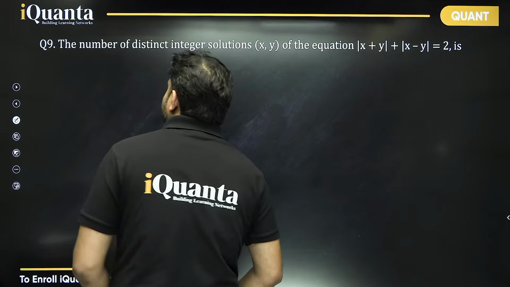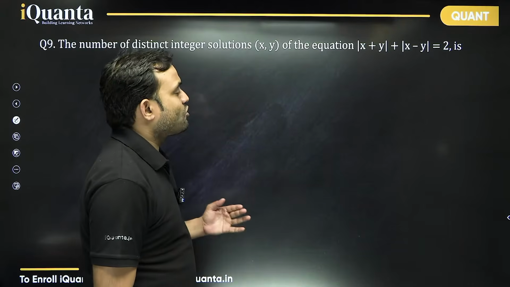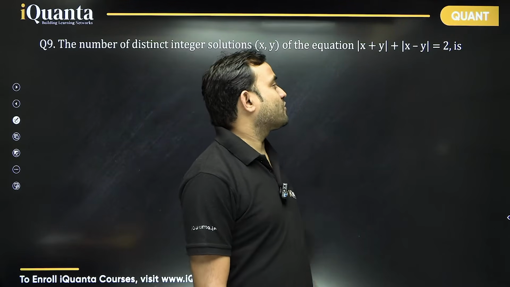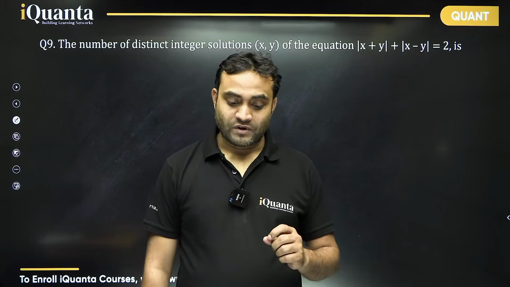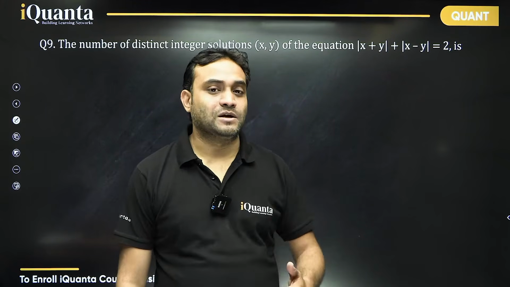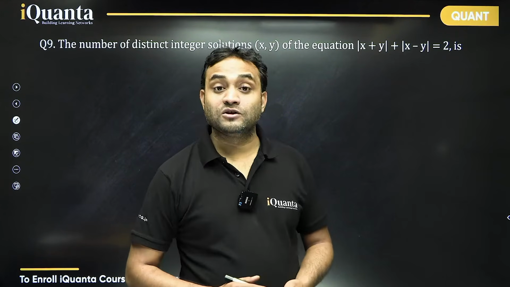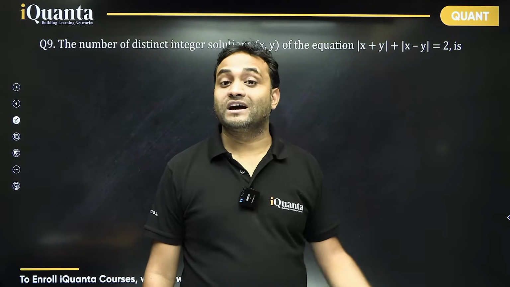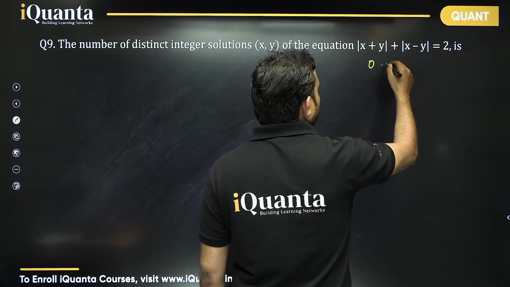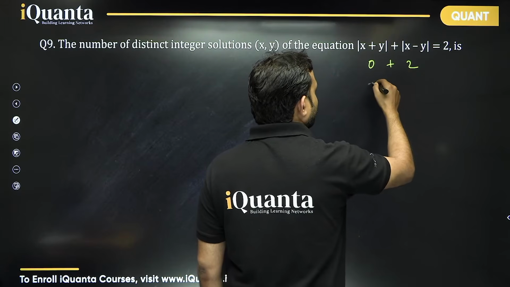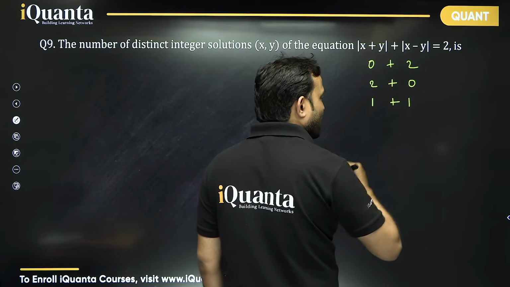Question number 9 says the number of distinct integer solutions (x, y) of the equation mod of x plus y plus mod of x minus y is equal to 2 is. This question could be solved in multiple ways. One way is trying the values of these two, as x and y are integers. We know it could be 0 plus 2, or 2 plus 0, or 1 plus 1, right?